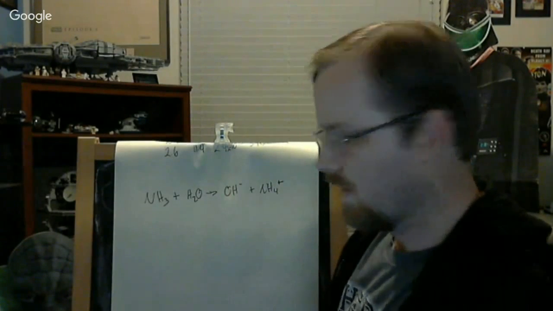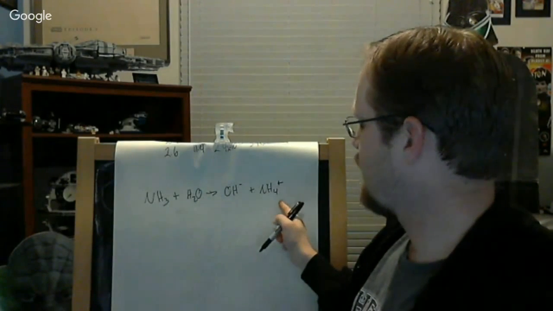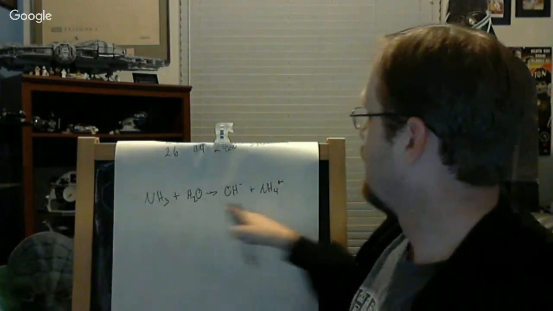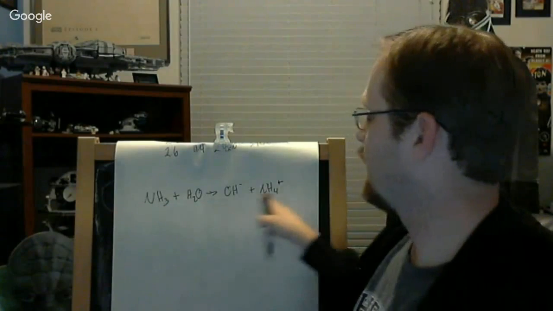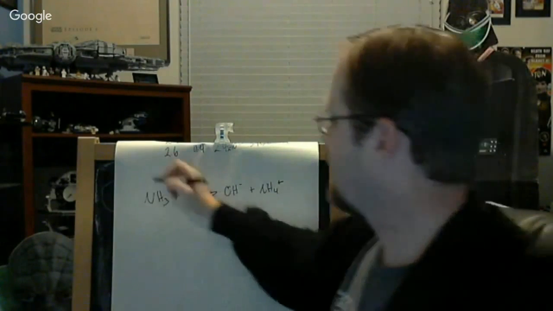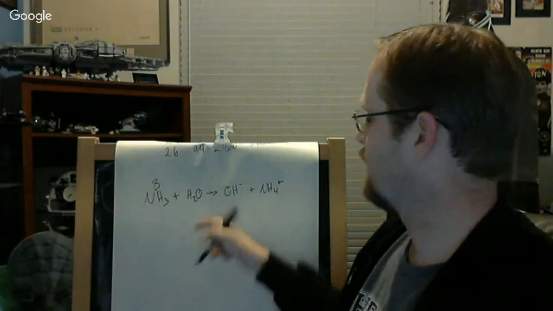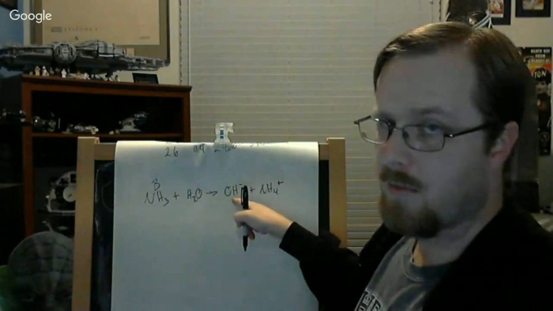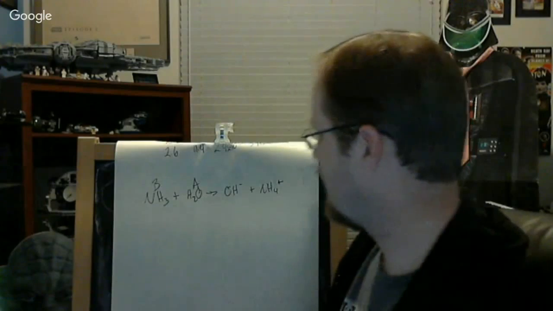All right. So if we are taking a look at this equation right here, NH3 becomes NH4 over here, which means that we are gaining a hydrogen, making NH3 the base. H2O gives up a hydrogen to become OH, therefore this is the acid.